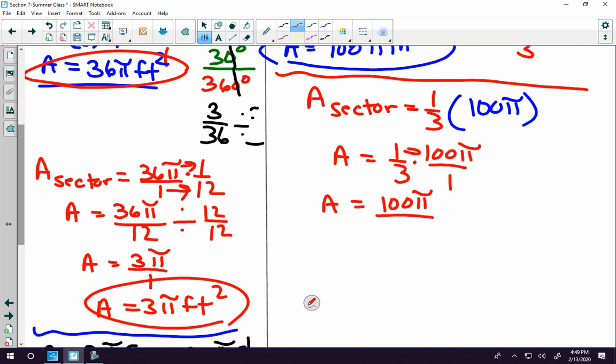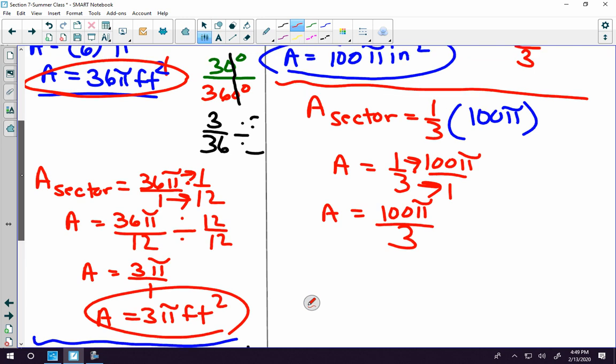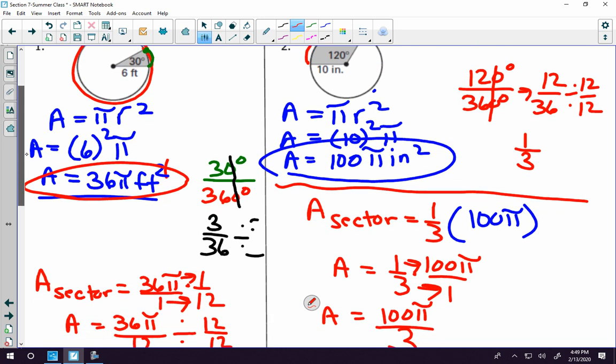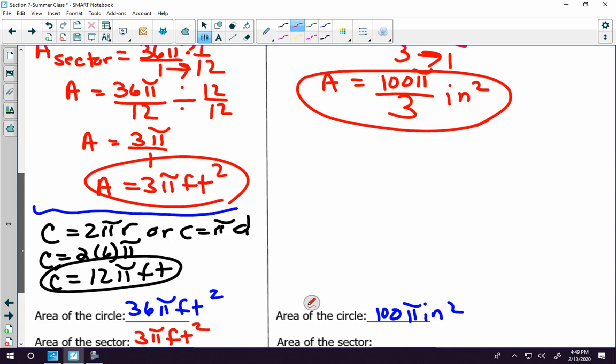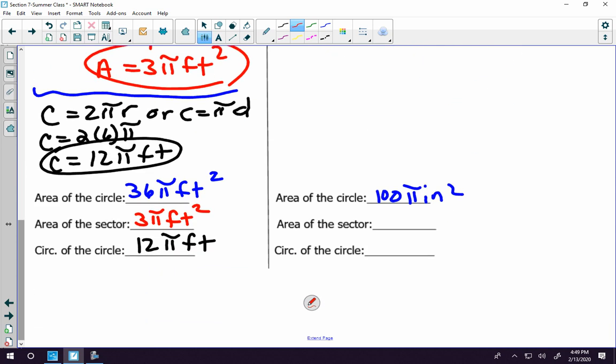Denominator times denominator is 3 times 1 is 3. Now, can we reduce this ratio? No. I like to have my students leave it as an improper fraction. And the area of the sector is 100 pi over 3 square inches. So the area of just the red part is going to be 100 pi over 3 square inches.